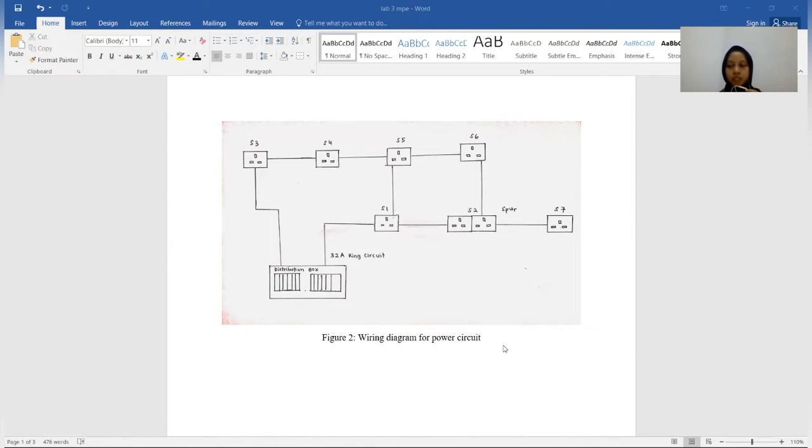The advantage of this system is that power can reach the sockets in the circuit from both directions, which reduces the power load on the cables.